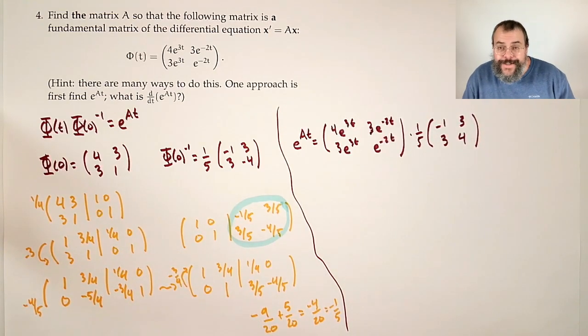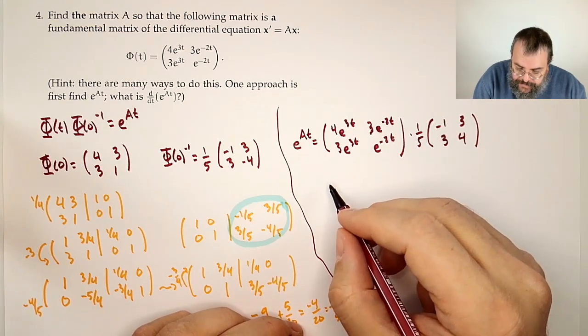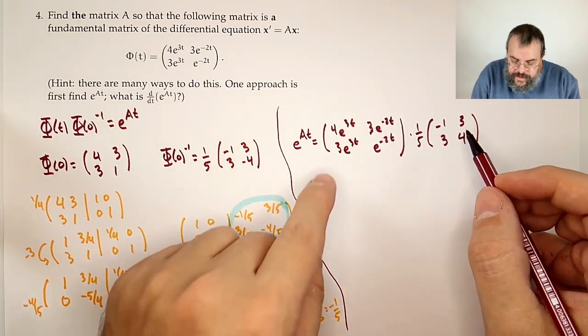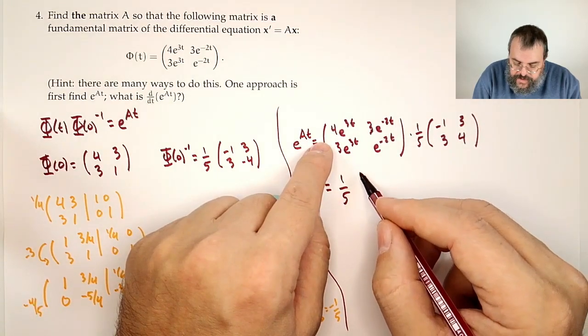All right, well, let's see what is going to happen here. So we're going to get minus, well, the 1/5 we can leave in the front.